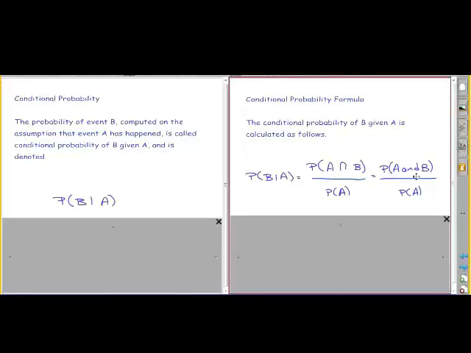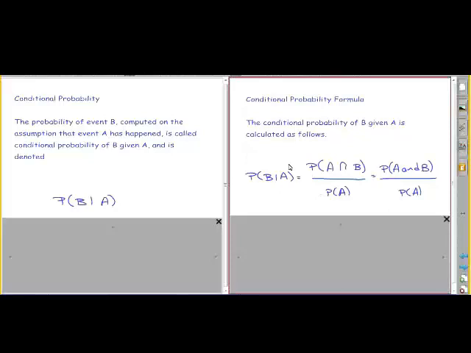This is the symbol for intersection, but in this particular semester, we can just use the word and. So the probability that B will occur given that A has occurred is equal to the probability that both A and B will happen divided by the probability that A has happened.